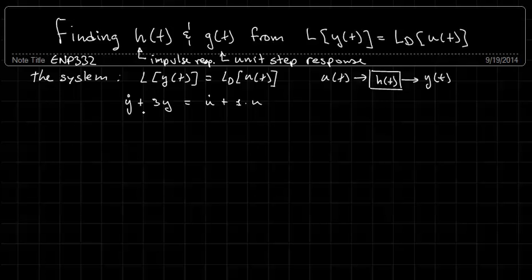We can put this in the linear operator form as D plus 3 operating on y of t equal to D plus 1 operating on u of t.